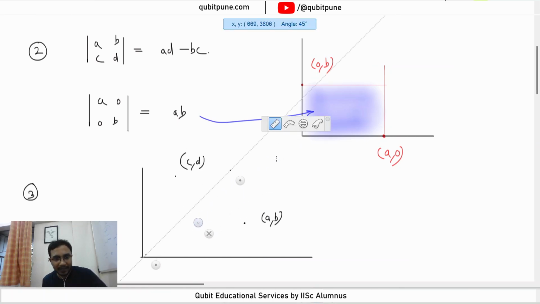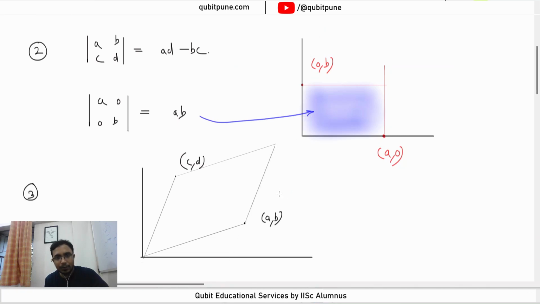Then I know that I can construct a parallelogram whose adjacent sides are given by these two vectors, the position vectors of the points A, B and C, D.